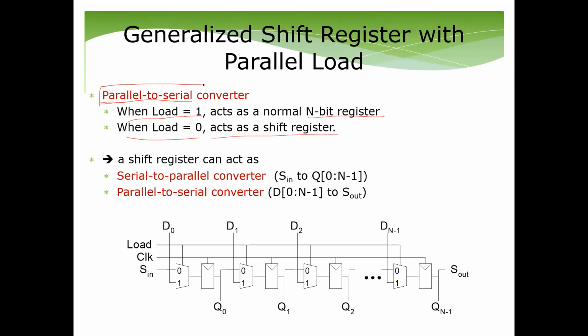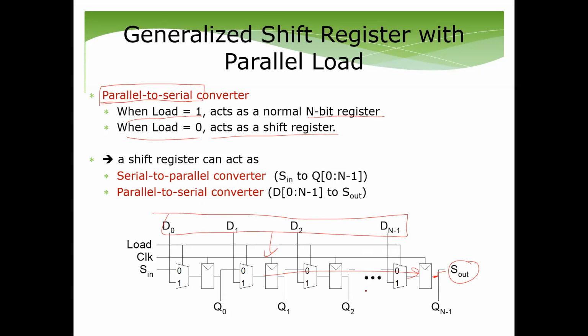How to make it a parallel to serial converter? All you need to do is restrict the reading of your register to the final bit. The most significant bit in this case is going to be serial out. Parallel to serial means I have the data, I will load it in parallel, and I will read it in serial.